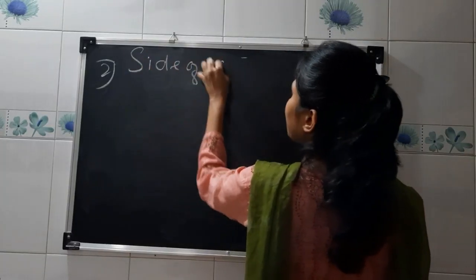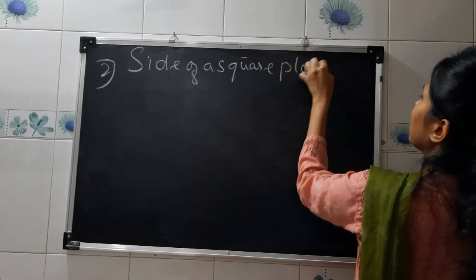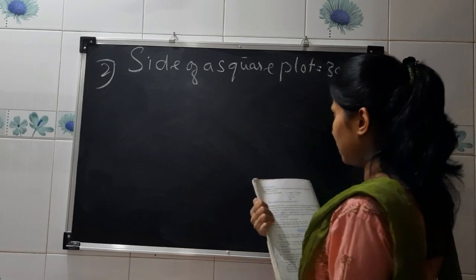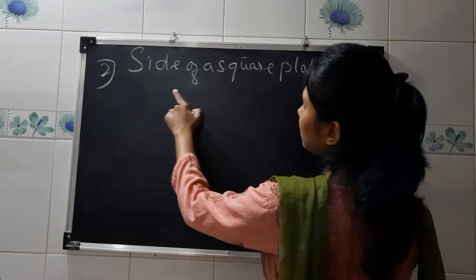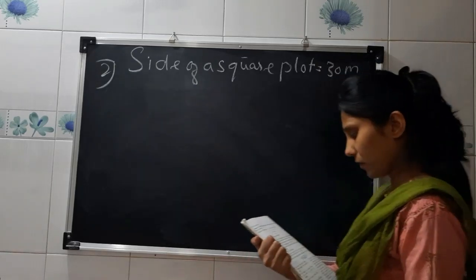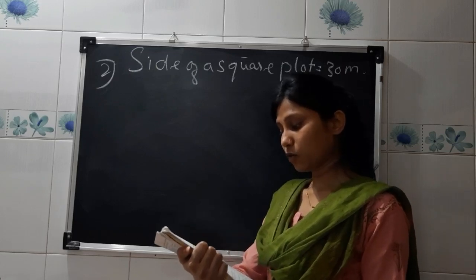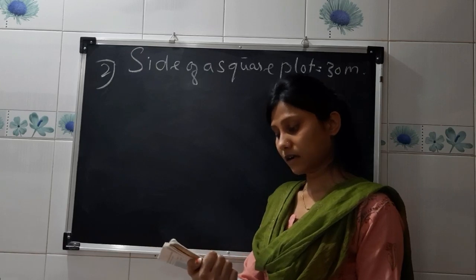First we need to find out the perimeter of a square plot. Then what they have asked: how much wire will be needed to put a triple fence around a square plot with side 30 meter.